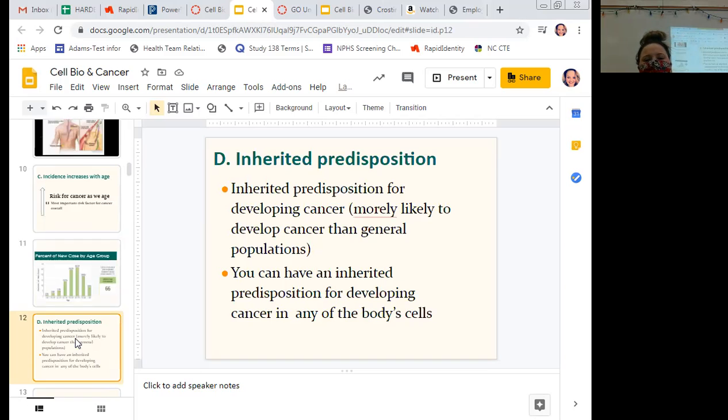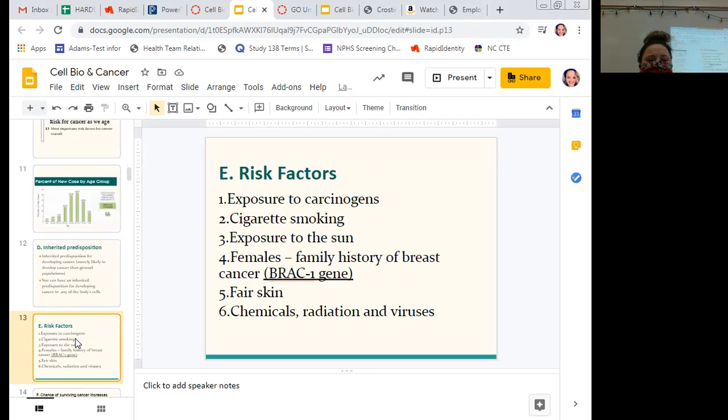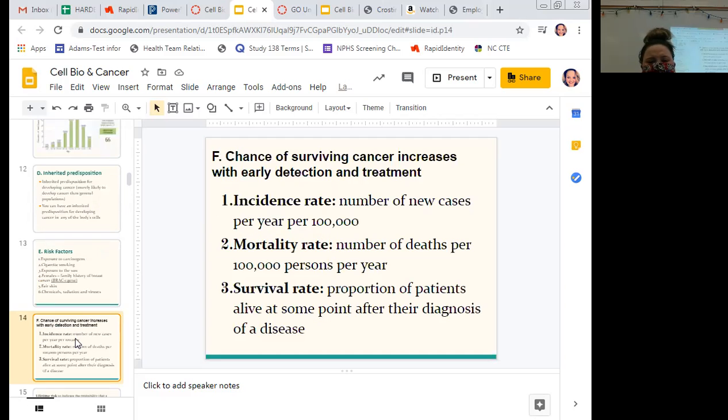Yes. Okay. We talked about inherited predisposition. Read the slide, know the slide. We talked about risk factors. We talked about all of these different vocabulary terms. You do need to know these. What is the difference in incidence rate and survival rate? How many per year is different than how long you'll live after.